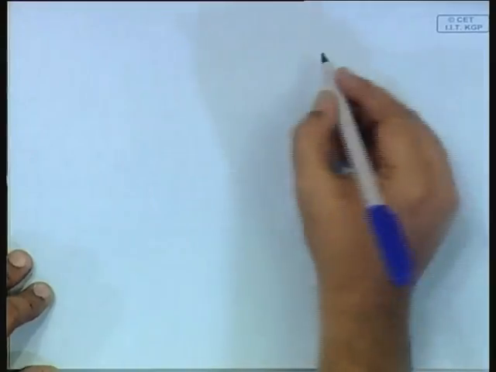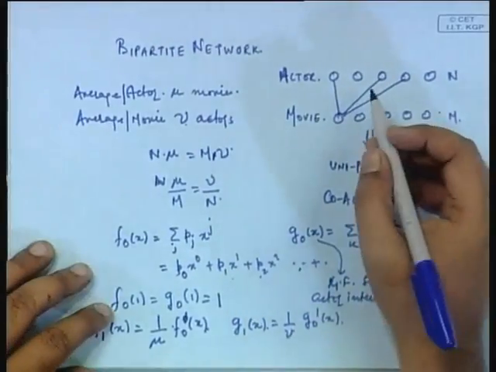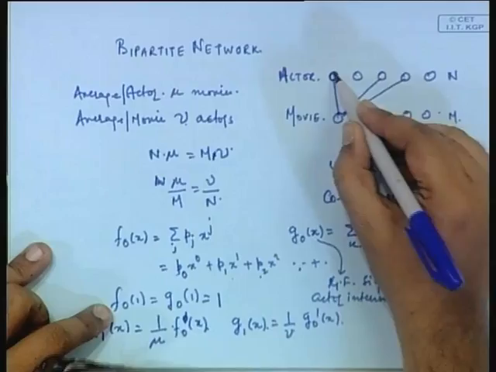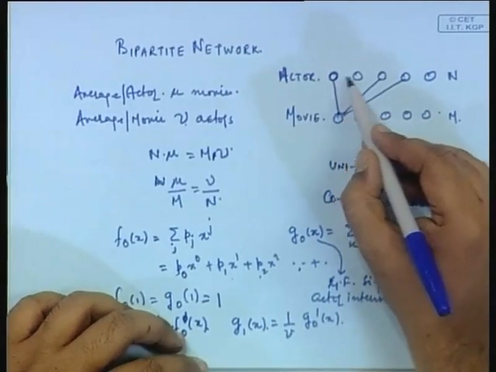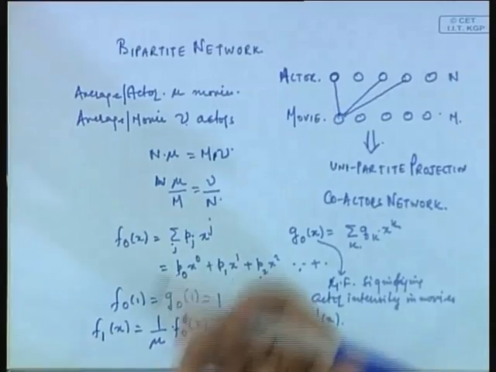Okay. Now I think in terms of coactors. So bipartite is clear, I think bipartite is pretty simple. Now I think in terms of coactors. I draw this, I first take this and say that I am here, and I want to find how many actors have coacted with me.